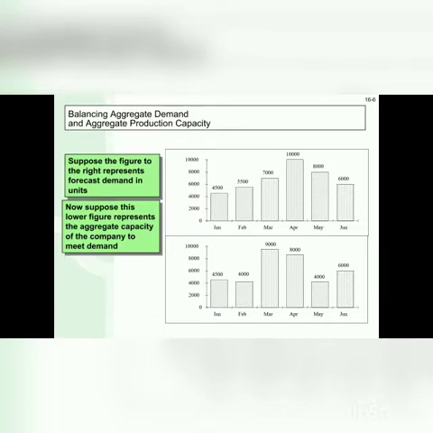And in the month of March, it is 9,000 units. And in April, it is 8,000 units. May, it is 4,000 units. And June, it is 6,000 units. So by looking at this graph, you can see that there is variation in the demand and the capacity of the plant in a particular month.